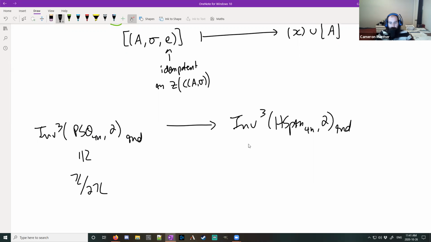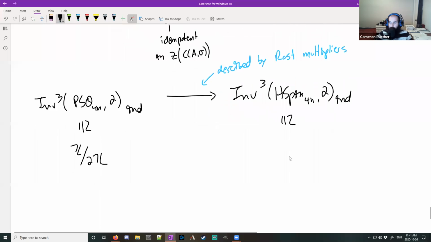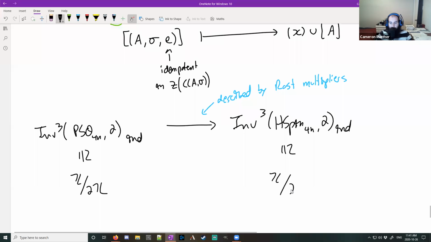Because these are split groups, this map between the indecomposable invariants is described by Rost multipliers. So you can just compute what the Rost multipliers of this map are. And what ends up happening is that this is isomorphic to Z mod 2 as well. And this is just an isomorphism.